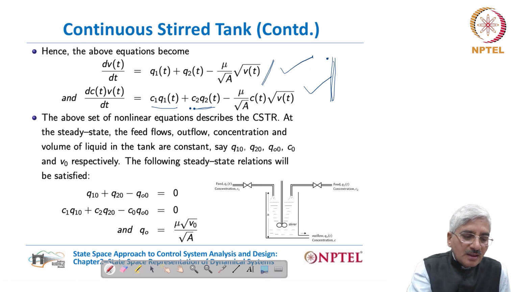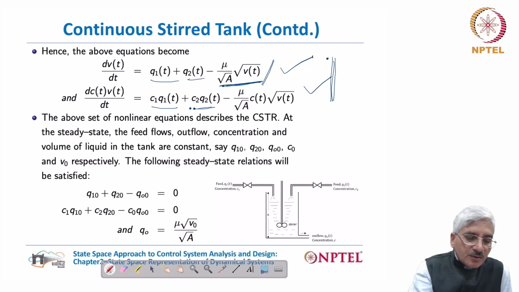You can see that on the left hand side, we have the liquid volume in the tank V. Its time rate of change is given as mu times root A times square root of V, in terms of the volume itself and the two feed rates.